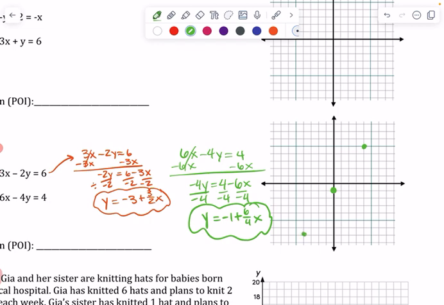Draw a nice line. And then graph your other line. Y-intercept of -3. Positive 3/2 slope, so up 3 over 2. Up 3.